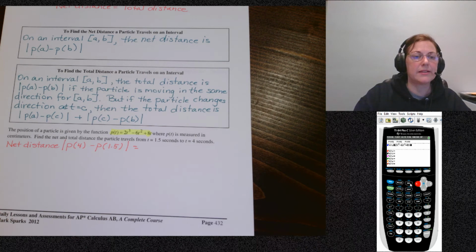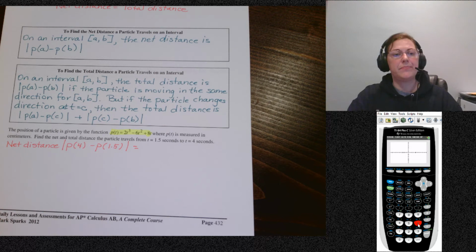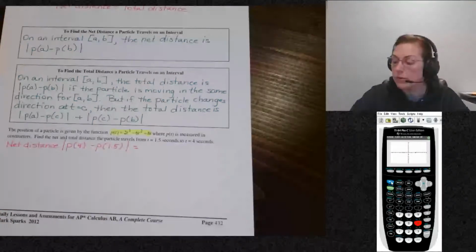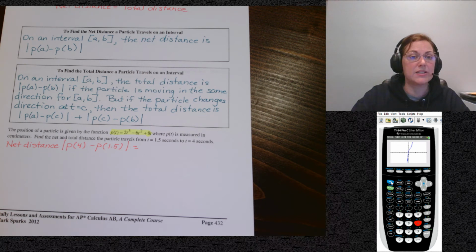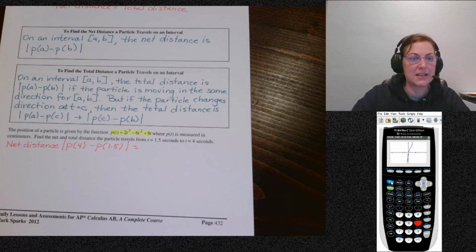And I'm just going to graph on a Zoom 6 window, standard window, because I want the value of this when t is 4, or when x is 4. Don't worry that it's going off my graph. That's going to be okay.